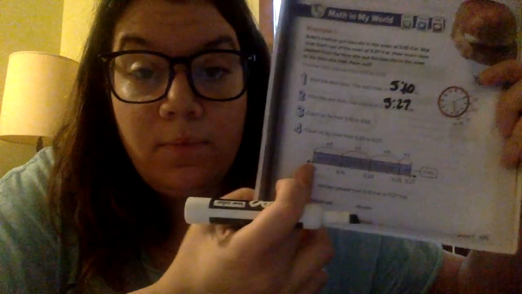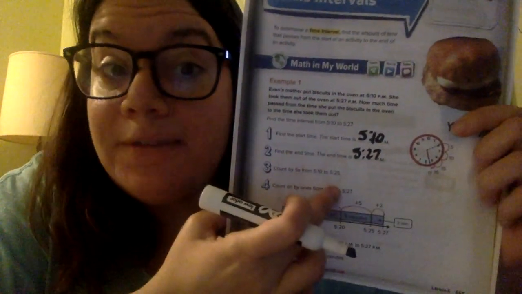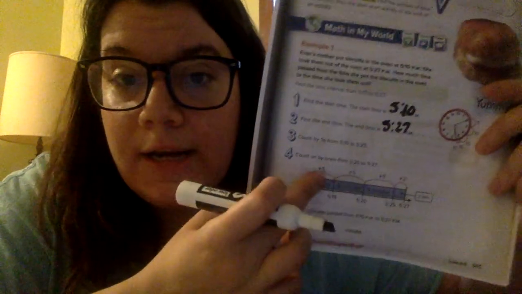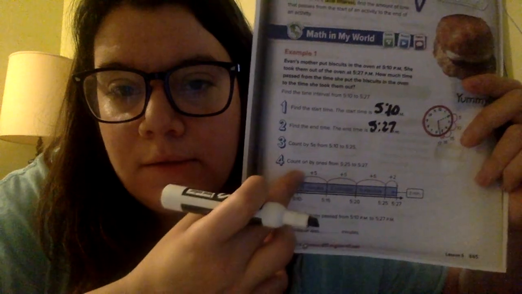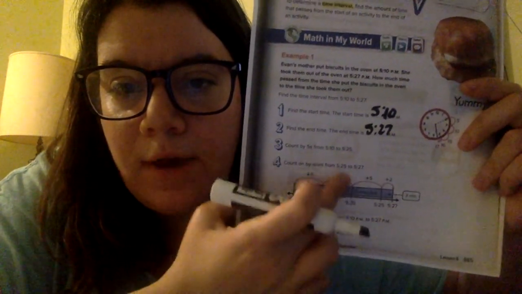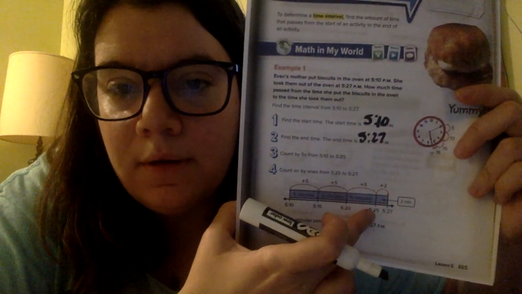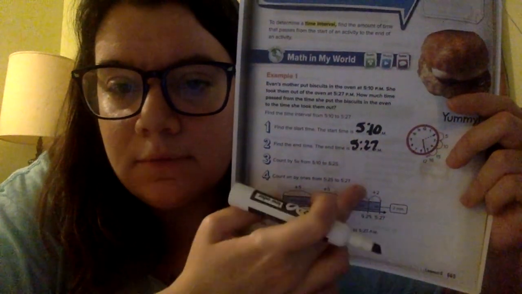So we can count by fives from 5:10 to 5:25. All right? So that's what they do here. It shows you here. So 5:10 to 5:15, 5:15 to 5:20, 5:20 to 5:25, plus the 2 minutes from 5:25 to 5:27.